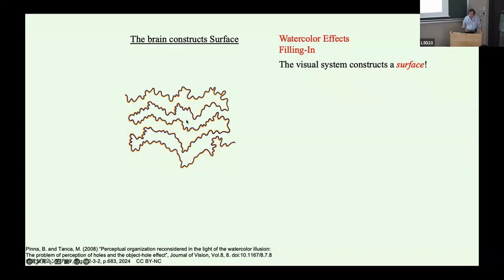Again, the point of this example is that we have an ability to construct a surface, which is the spatial extent of an object, once we perceive the contours. Now the question is, what's happening in V4?